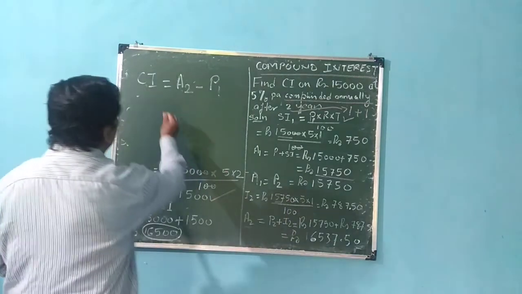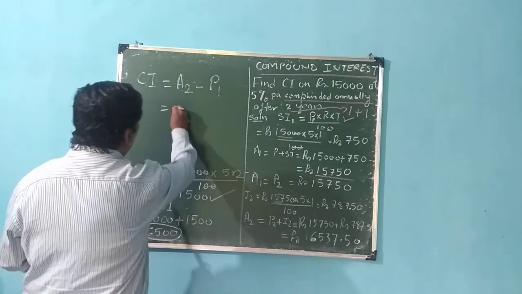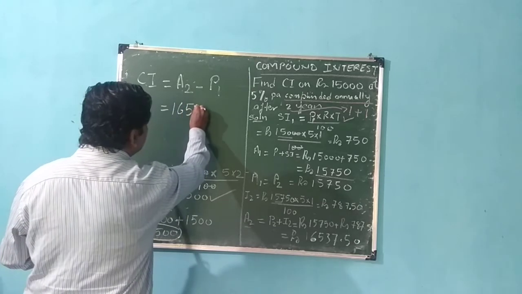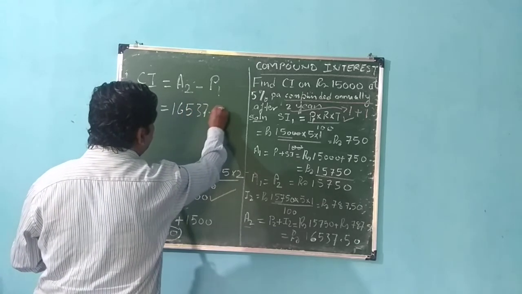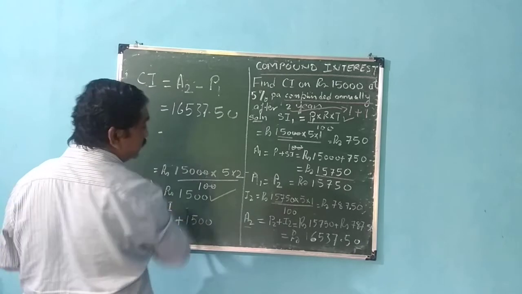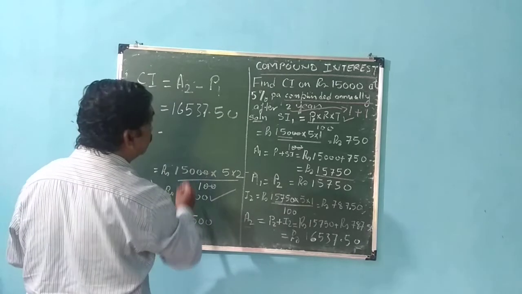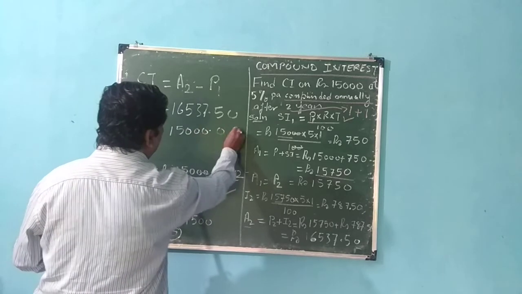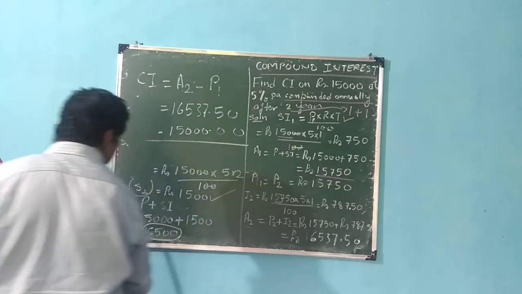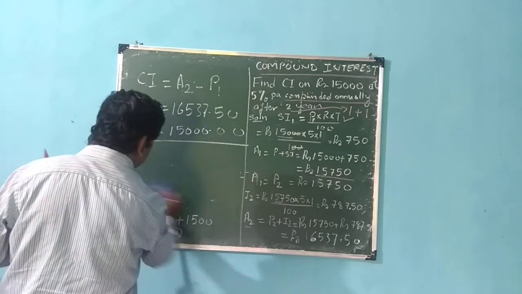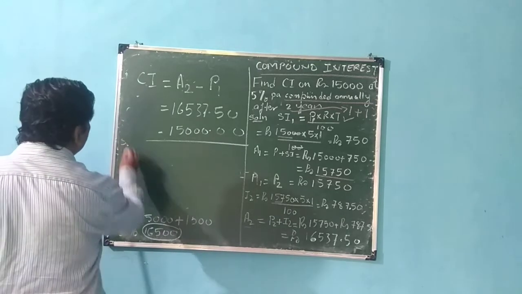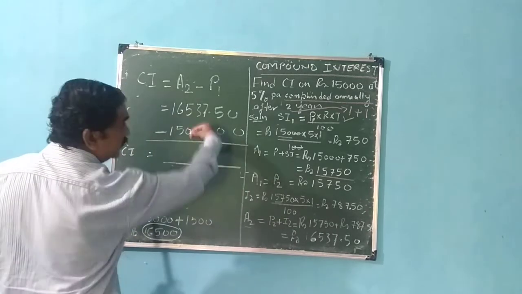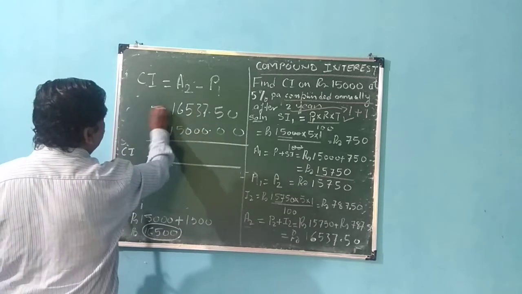So what is this amount now? The amount is 16,537.50 minus the principal money, which is 15,000. You subtract this. I have written it this way so that you can subtract it.